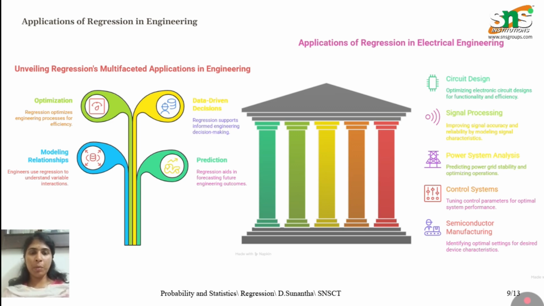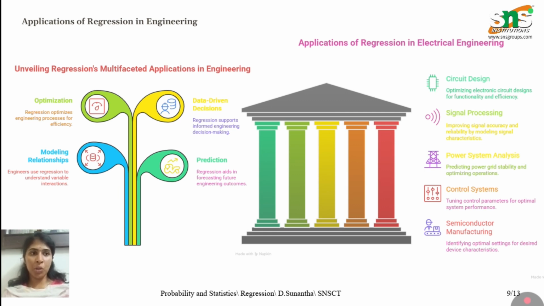In optimization, regression optimizes an engineering process for efficiency. In modeling relationships, engineers use regression to understand variable interactions. In data driven decisions, it is used for engineering decision making. Next, in prediction, it aids in forecasting future engineering outcomes.